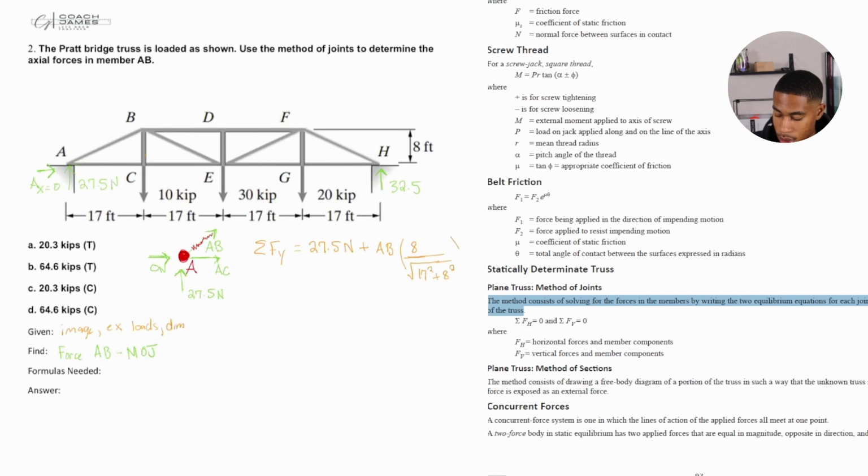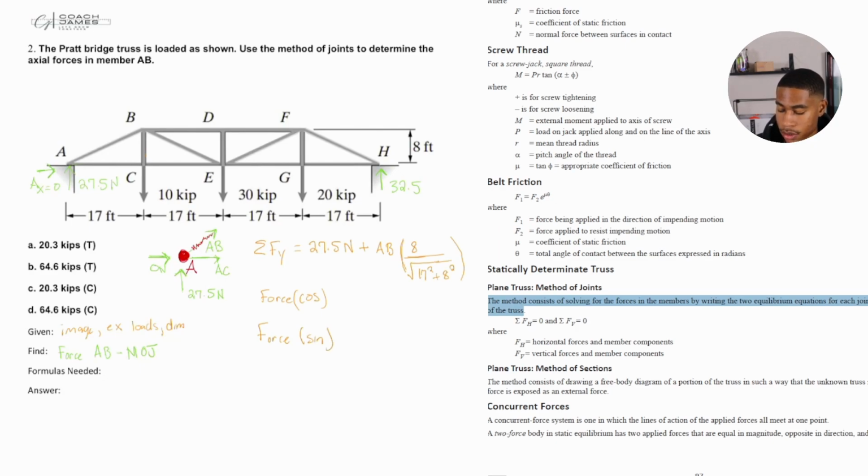So anytime you want to get a force in the x, force in the y, you're going to have to do some sort of force times its cosine, or force times its sine.